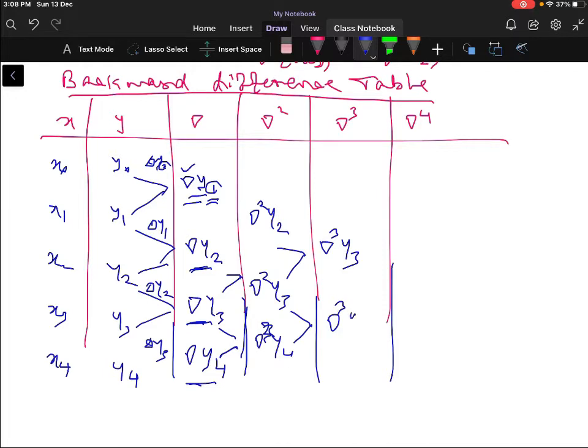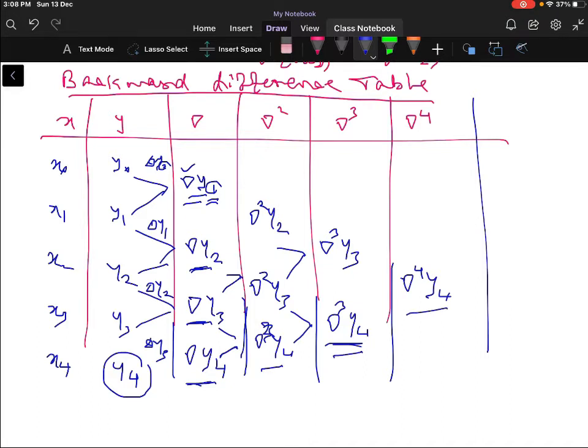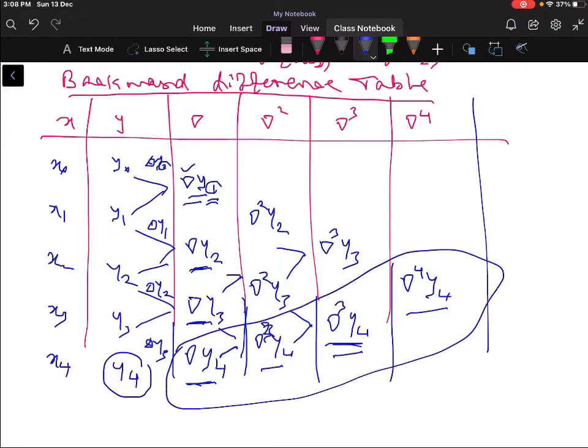Similarly, we can define the fourth order backward difference, nabla 4 y4, that is nabla cube y4 minus nabla cube y3. Here y4 is the leading term in the backward difference table. Simply nabla y4, nabla square y4, nabla cube y4, nabla 4 y4 are the leading differences in the backward difference table.